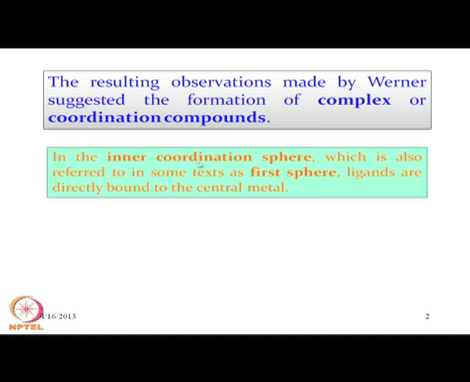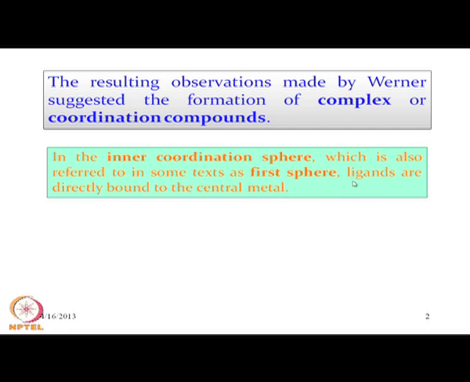So, when we have the coordination sphere, we consider that this is the first sphere of interaction or first sphere of attraction between the metal and the water or between the metal and the ammonia molecule. So, we consider that in this first coordination sphere we have the ligands.